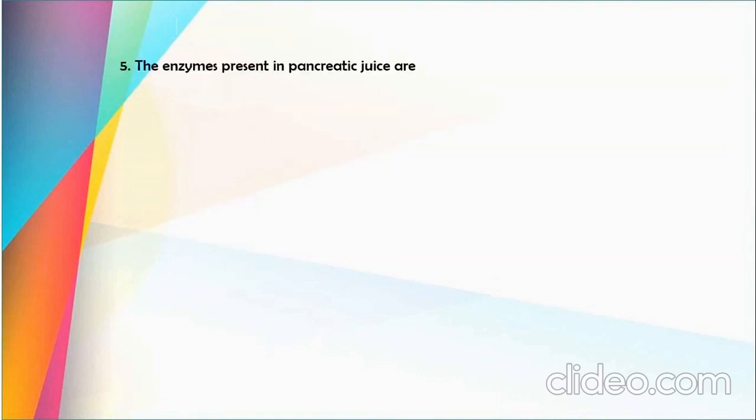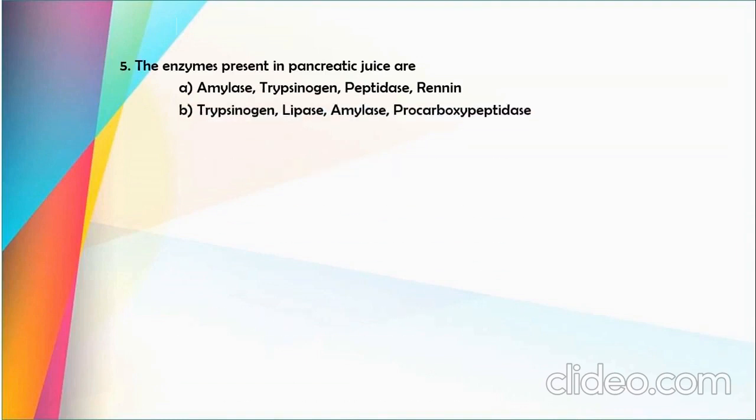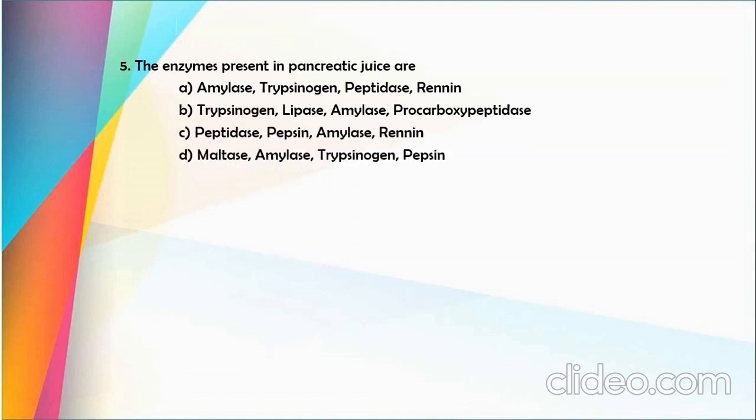Now next one: the enzymes present in pancreatic juice are: amylase, trypsinogen, peptidase and renin. Second one is trypsinogen, lipase, amylase, procarboxypeptidase. Next is peptidase, pepsin, amylase and renin. Next is maltase, amylase, trypsinogen and pepsin.